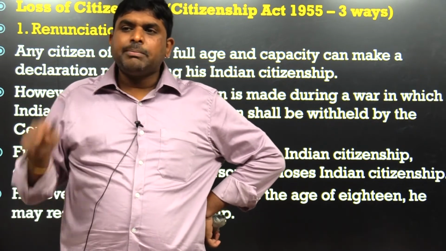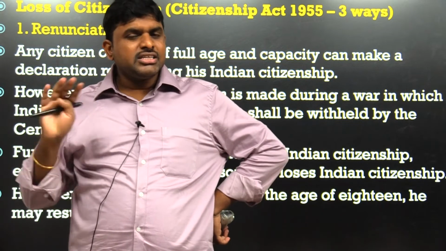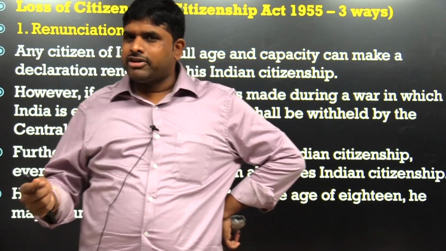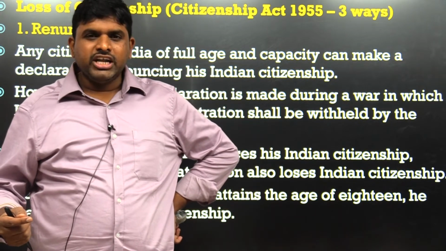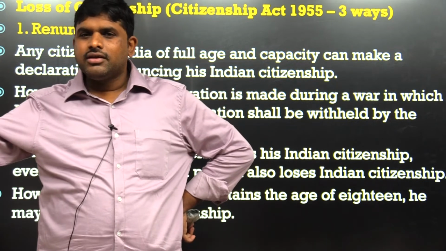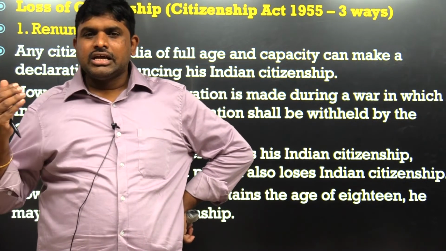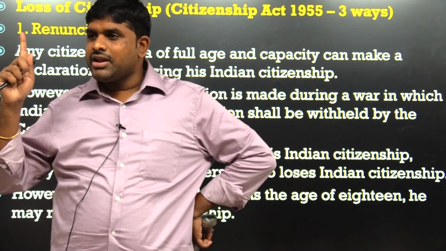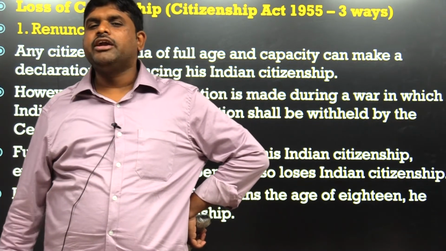When they decide, then that person will be called a foreigner for 10 years. After 10 years, automatically he will become a citizen. But who come after March 25th, 1971 will never be given citizenship. Then what happened in 2019?